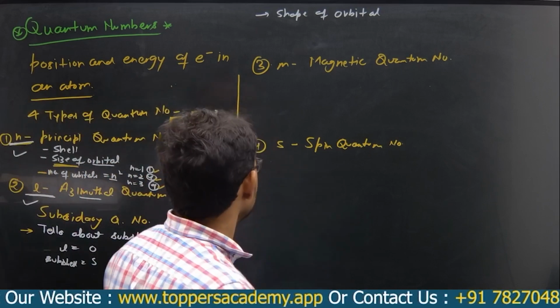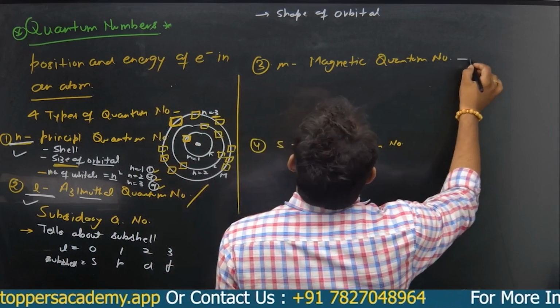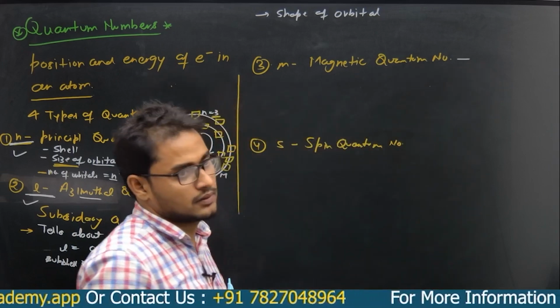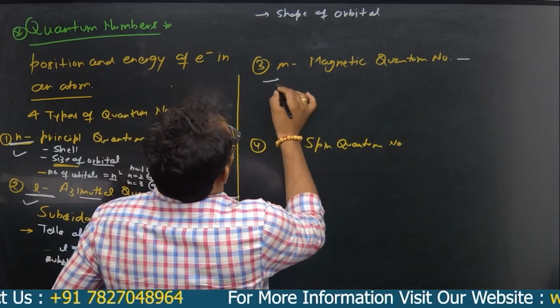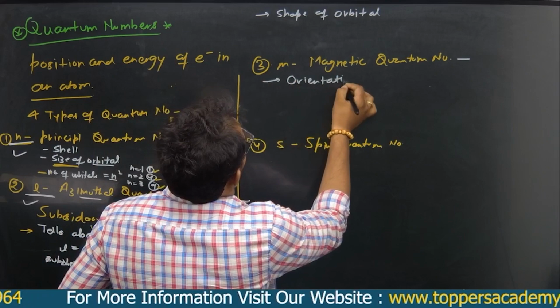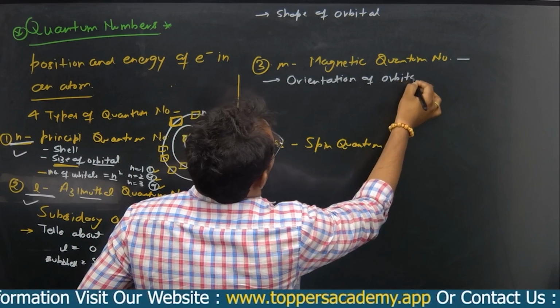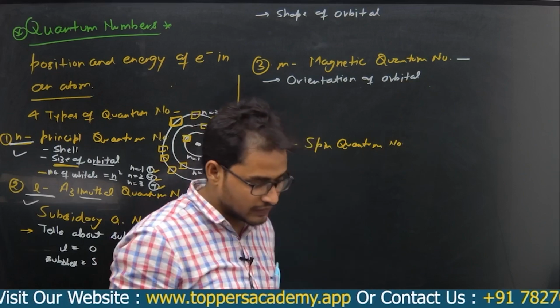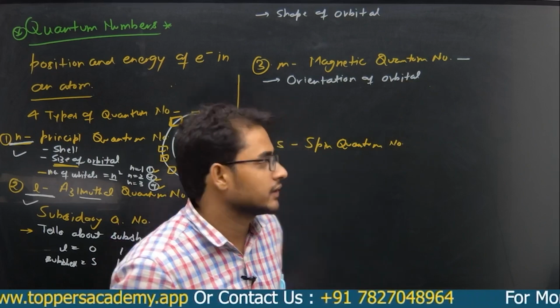Now I am going to tell about the magnetic quantum number m. It tells about the orientation of the orbital in 3D. That means the possible orientations. I will discuss it later.